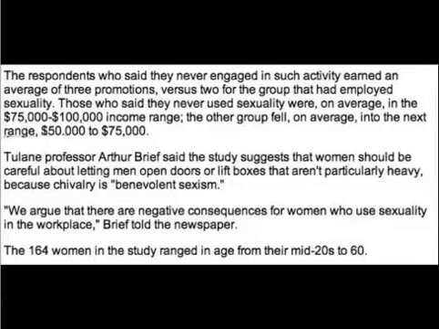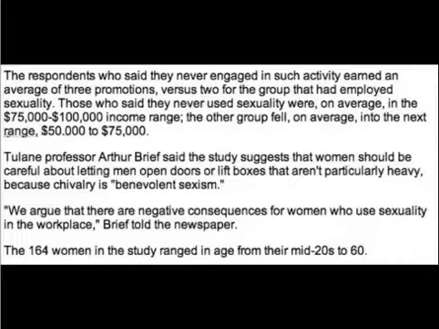The respondents who said they never engaged in such activity earned an average of 3 promotions versus 2 for the group that had employed sexuality. Those who said they never used sexuality were on average in the 75 to 100K income range. The other group fell on average in the 50 to 75K range.